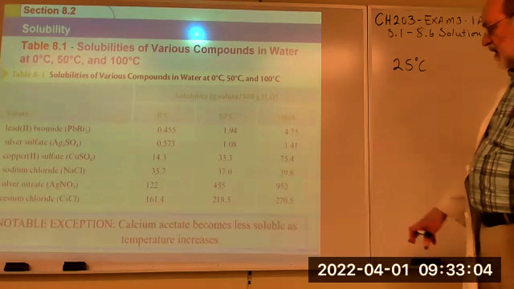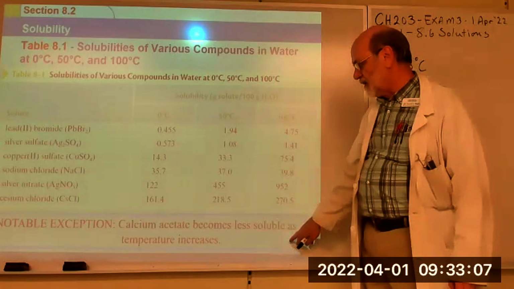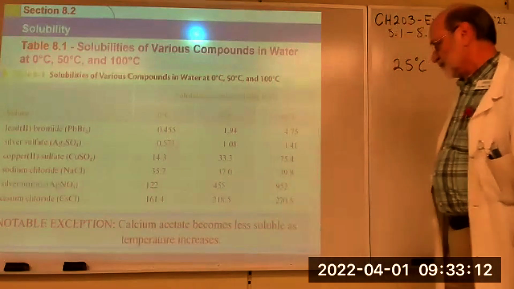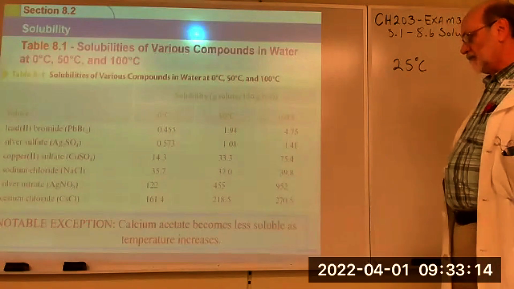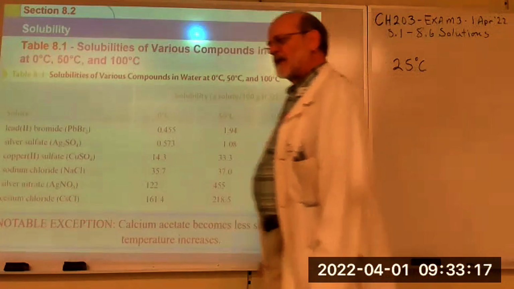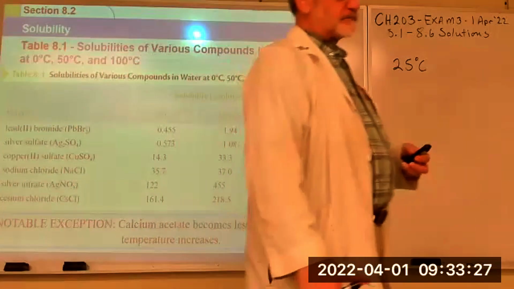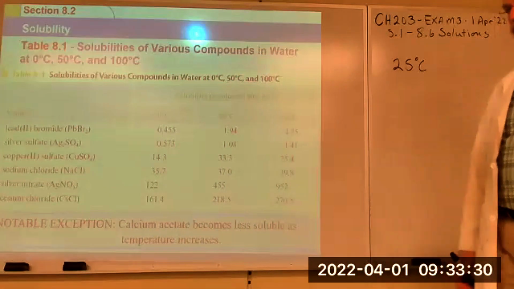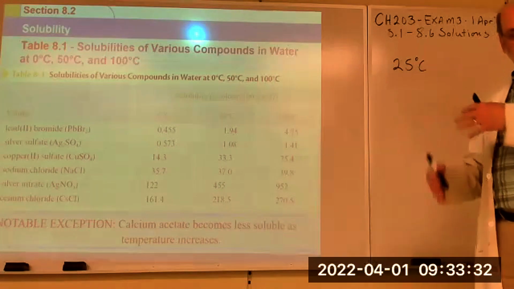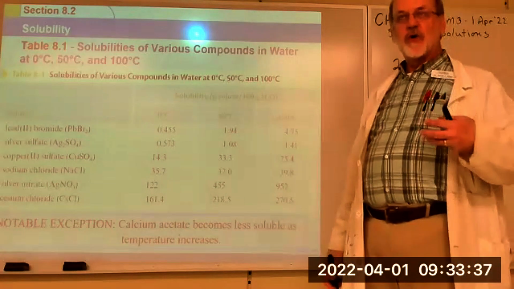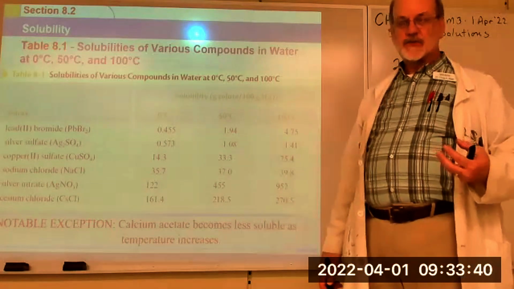Calcium acetate is an example of a solute that is less soluble as we increase the temperature. You can think of it in these terms. This is not a really good explanation, but it is an explanation. When you do anything to a system, and we're going to treat a solution as a system, it's going to tend toward the lowest energy possible.